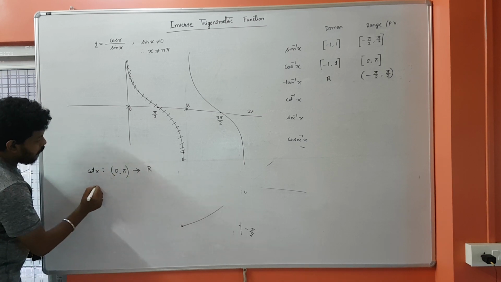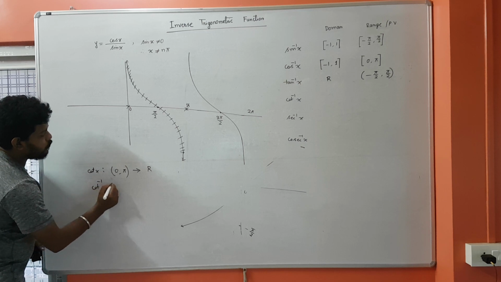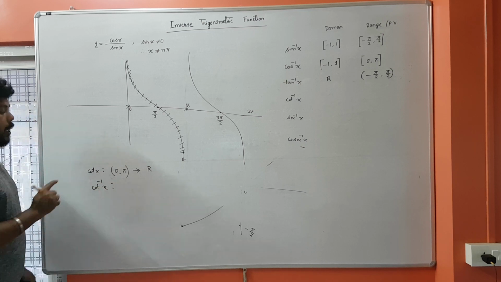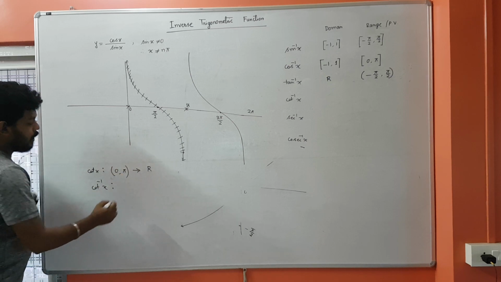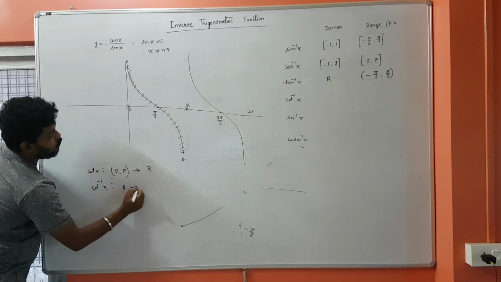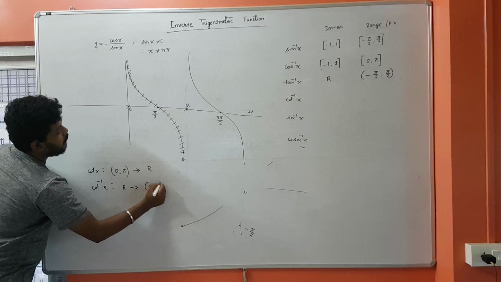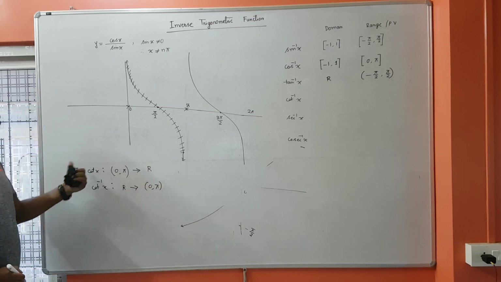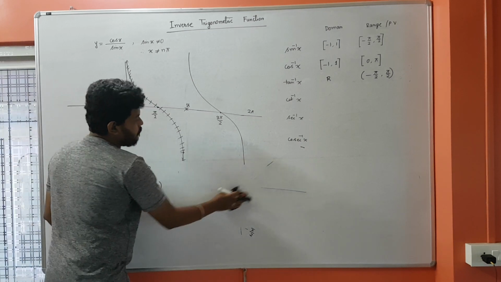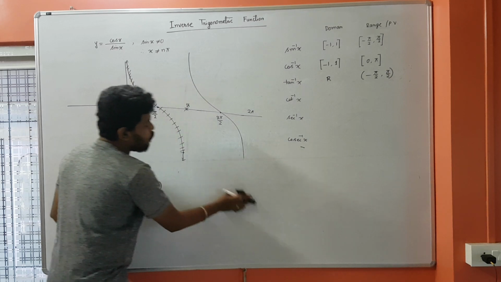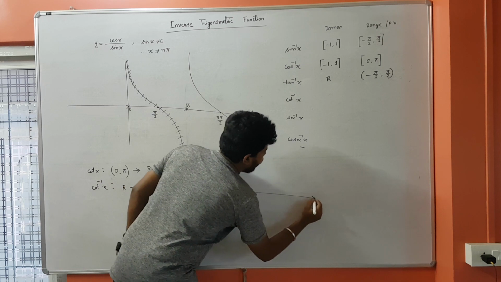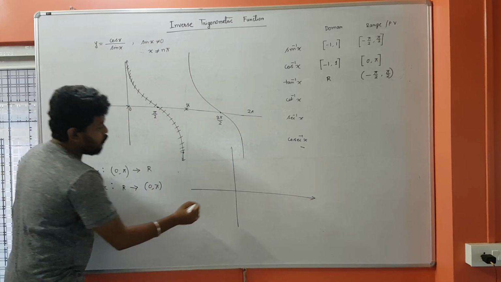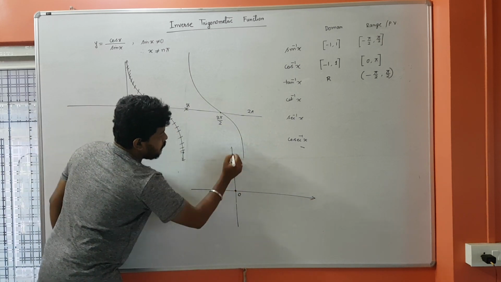Now, a second function cot inverse of x can be described if we switch the range and domain of cot x. Now, R maps to 0 comma pi. This is the cot inverse of x function. The graph of cot inverse of x is, this is 0, this is pi.